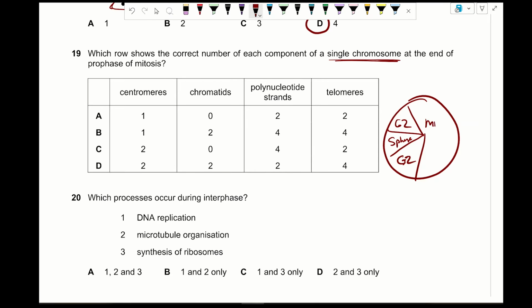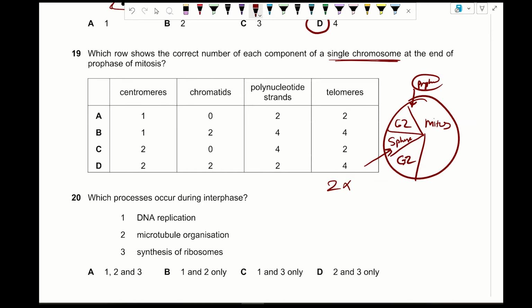And there is mitosis, which consists of prophase, metaphase, anaphase, and telophase. Now, in S phase, there's the replication of DNA. Therefore, at the start of mitosis during prophase, there's going to be 2 copies of everything. Now, let's see the suggestions that we have here.